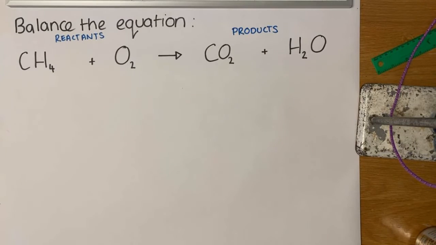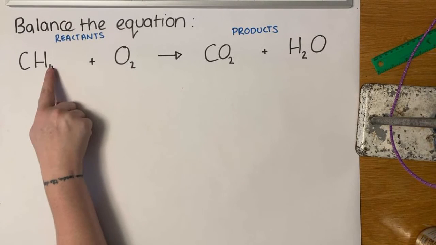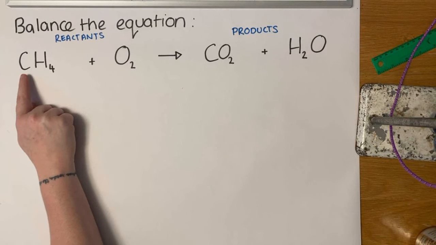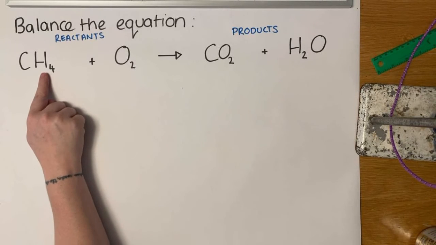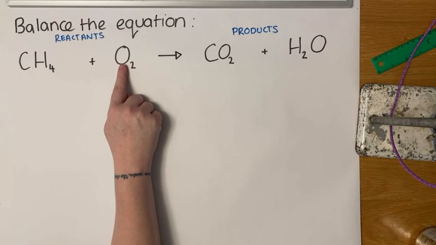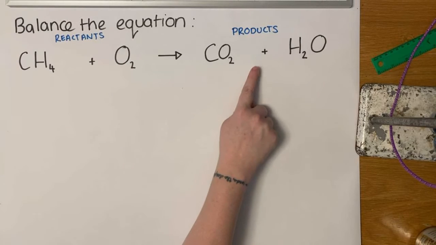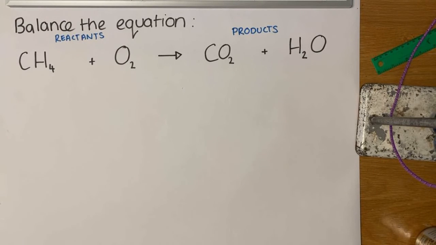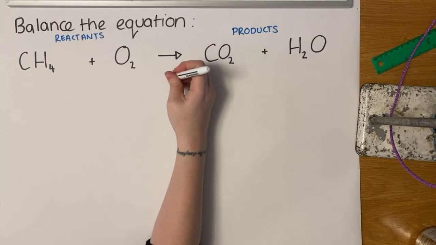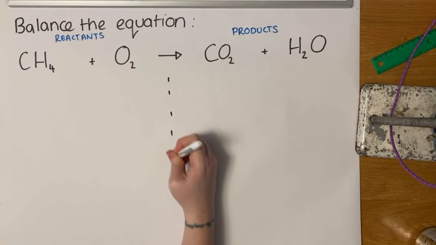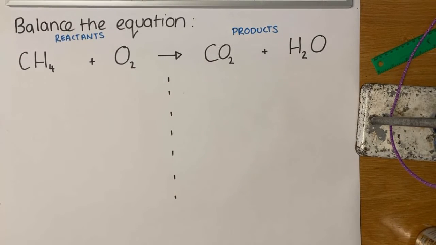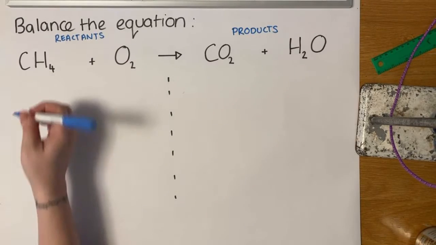Now, what we need in a balanced equation is the same total number of atoms of each type of atom, so the same total number of C's, carbon, H's, hydrogen, and oxygens, O, in the reactants and the products, okay? So the first thing we're going to do is tally up how many of each of those atoms are currently in my reactants and products, okay?